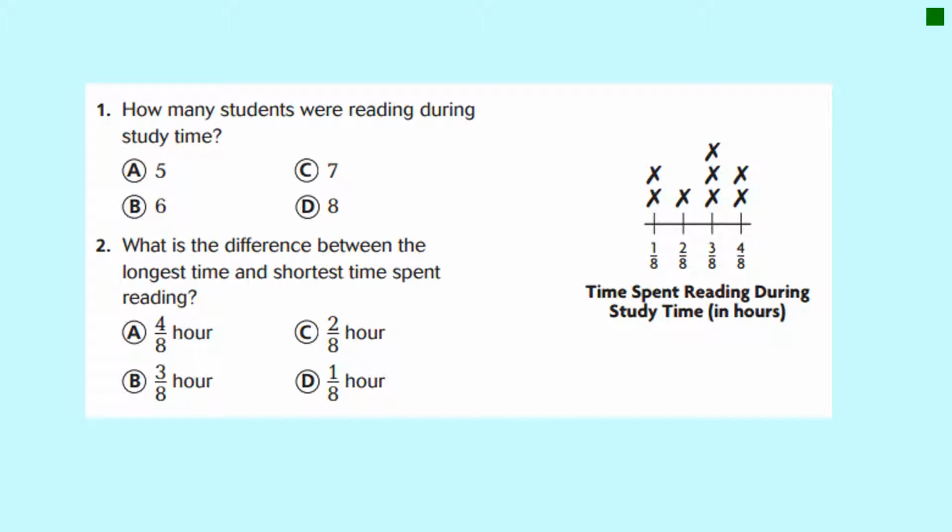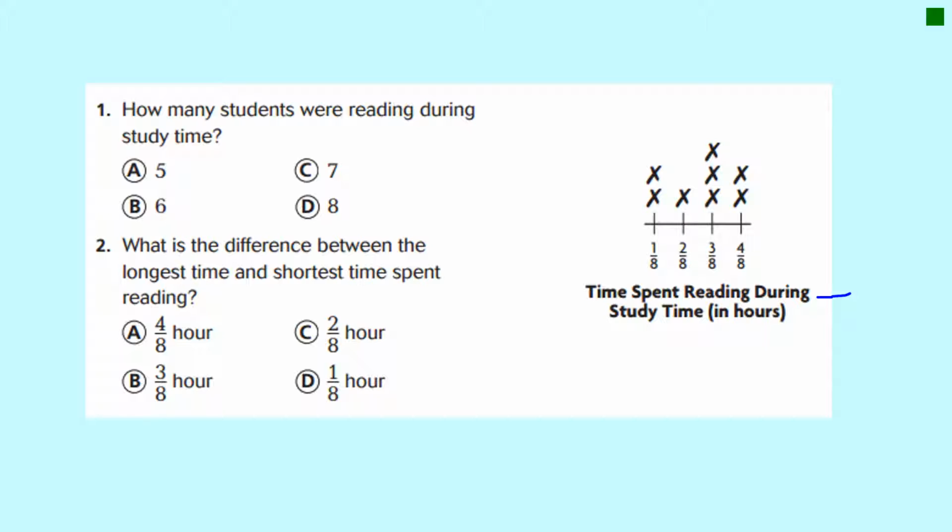Oh, so this one, the directions say, is this on the back? Yes, it is. This is on the back, the lesson check. It says, use the line plot for 1 and 2. So this time we're not making a line plot, we're actually using a line plot, okay? Number 1, how many students were reading during study time? So let's see, the title of this line plot is Time Spent Reading During Study Time in hours.